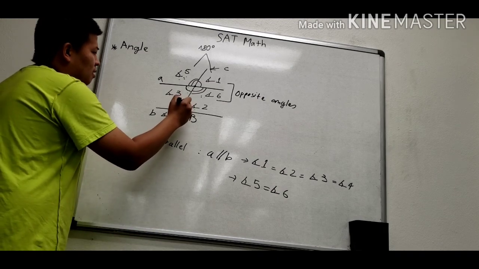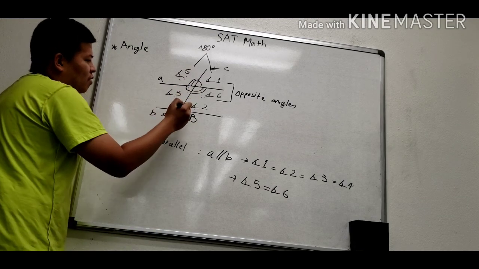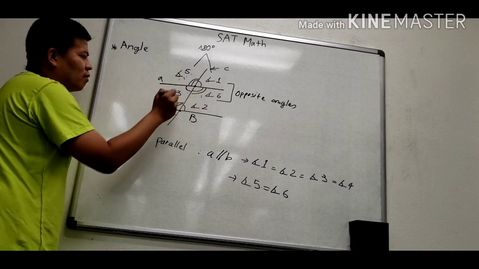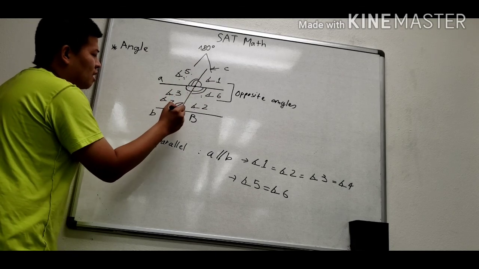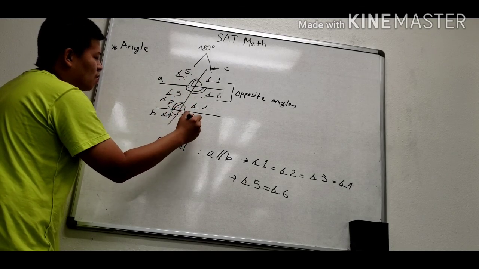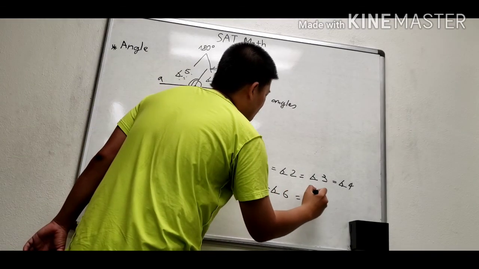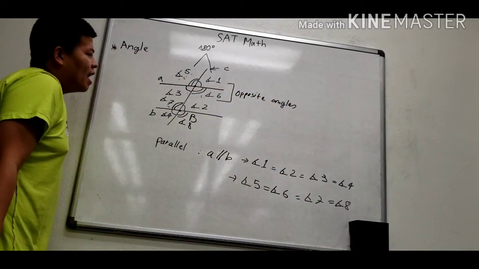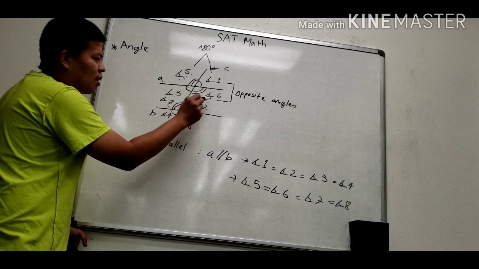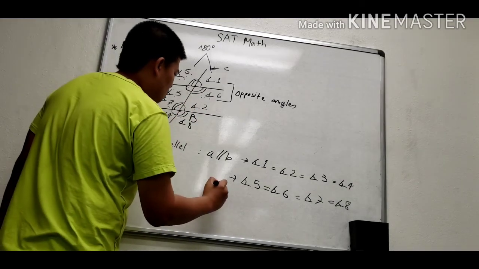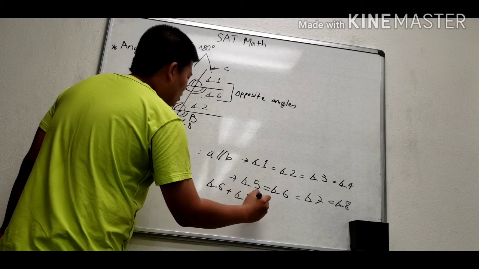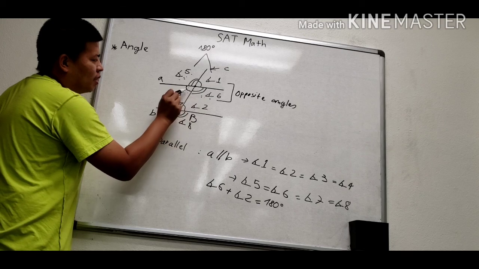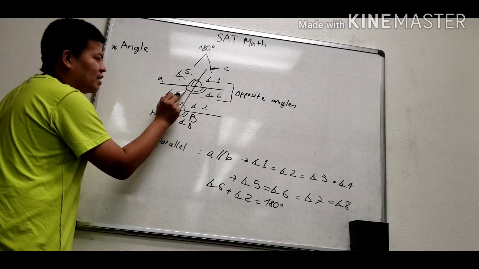Similar to this one, angle number 5 and angle number 7 have the same slope. That's why angle number 5 equals angle number 7, and angle number 7 will equal angle A. And you know that angle number 6 plus angle number 2 will become 180 degrees, because angle number 6 plus angle number 3 is 180 degrees.